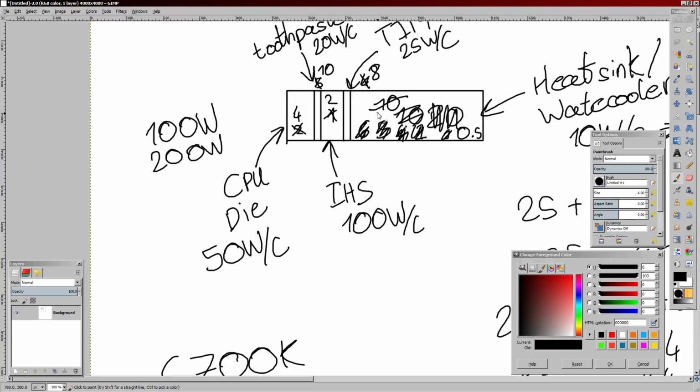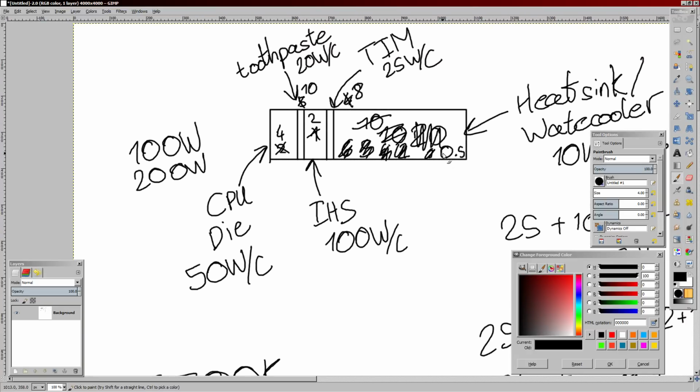Now, admittedly, running direct die is very rare, but just replacing the stock Intel toothpaste with liquid metal makes a huge difference. As I'm sure you're all aware, that's been very well documented. And the reason it makes such a huge difference is because you are eliminating, especially, this was just 200 watts. But if we were on a 400 watt CPU, our temperature rise across the toothpaste wouldn't be 10 degrees. It'd be 20, right?